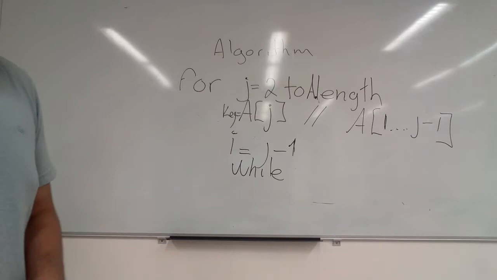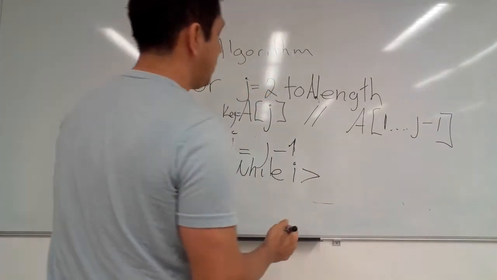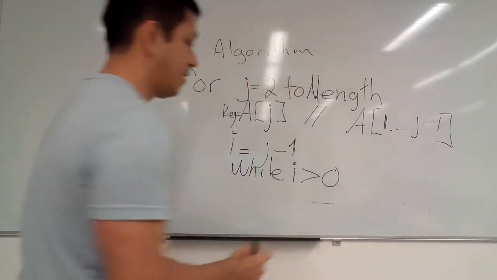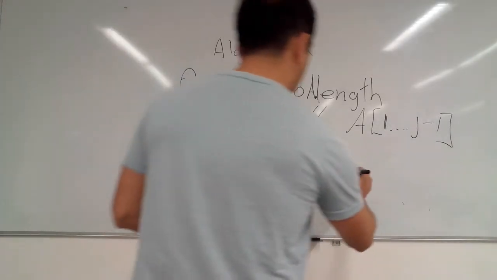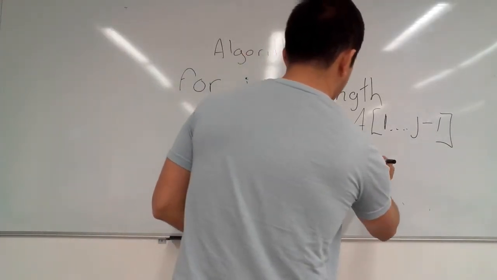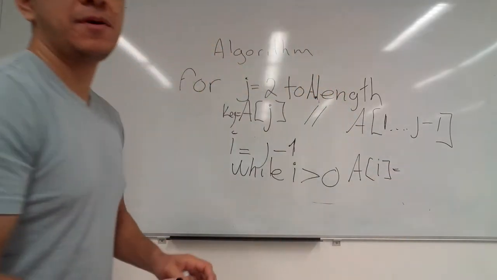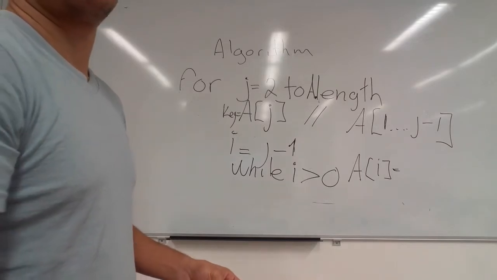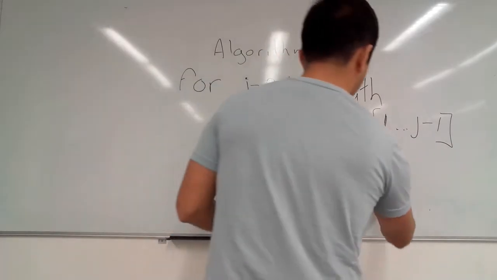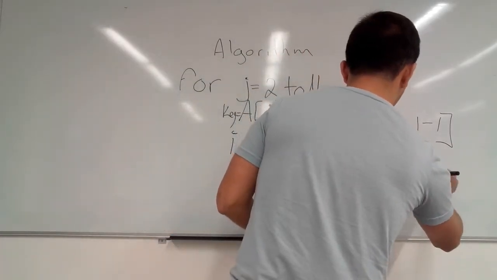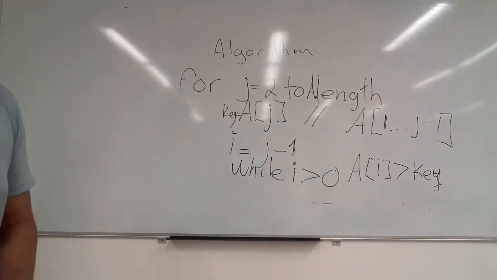So while i is going to be greater than 0, and another condition that A of the array at i is going to be less than the key.